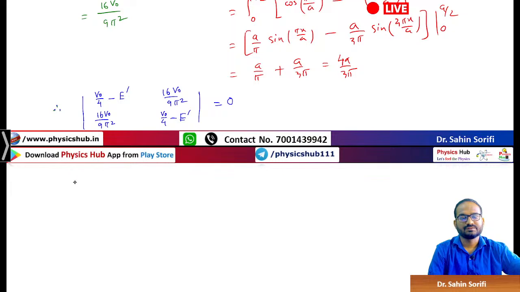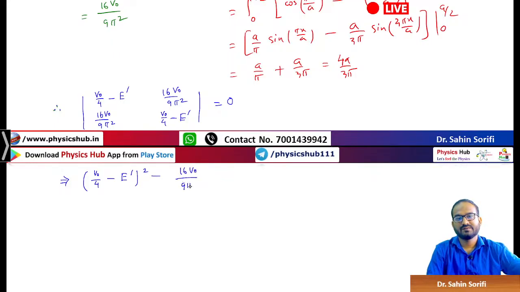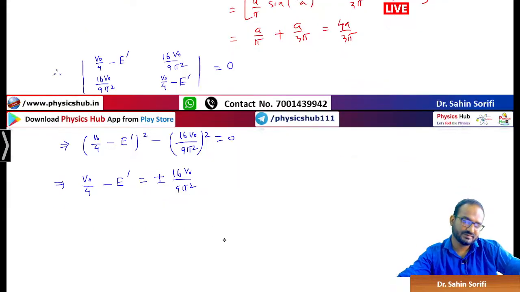So V naught by 4 minus e prime whole square minus 16 V naught by 9 pi square whole square equals 0. So a plus b, a minus b. So V naught by 4 minus e prime is equal to plus minus 16 V naught by 9 pi square. You can also do a plus b, a minus b, so it is the same.